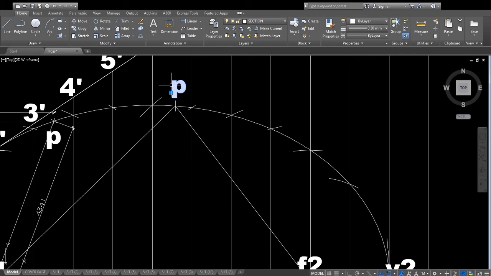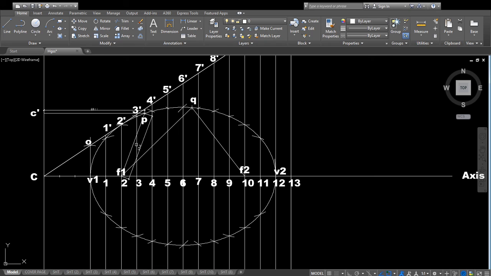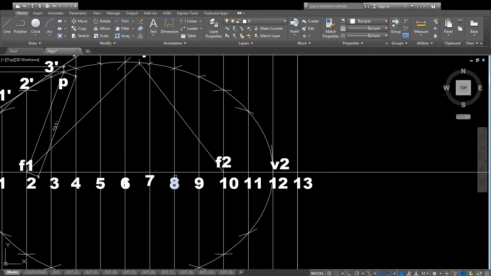F1Q plus F2Q will give you V1 to V2, that is the major axis.